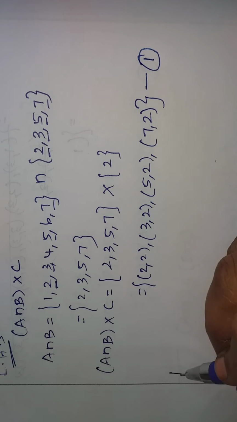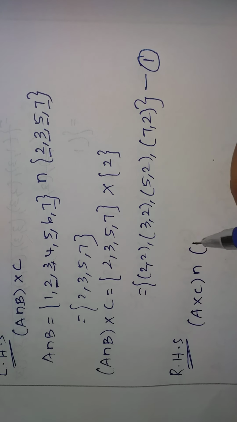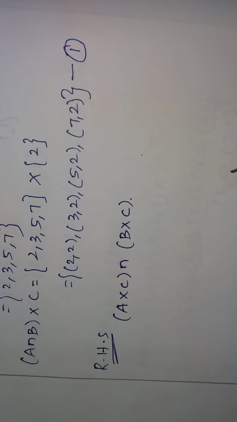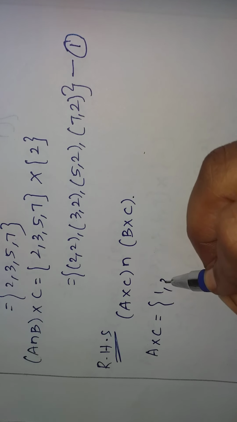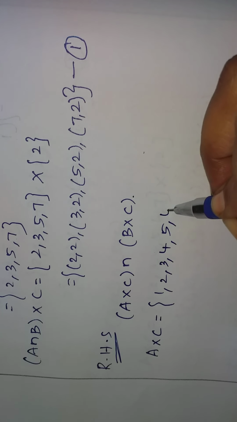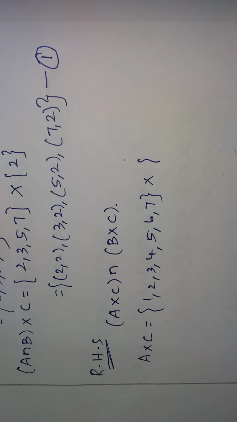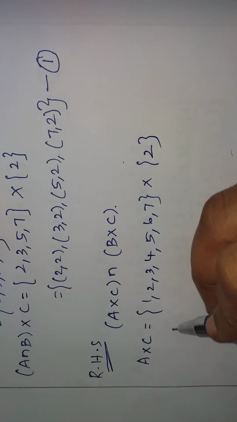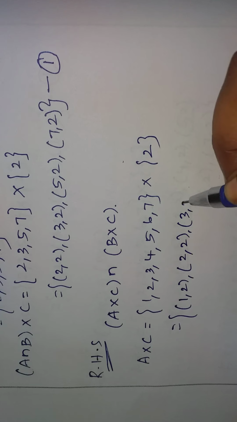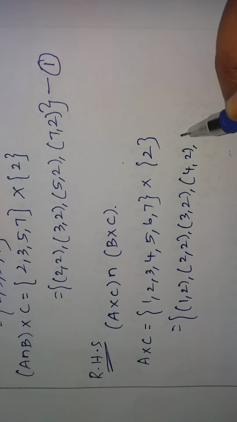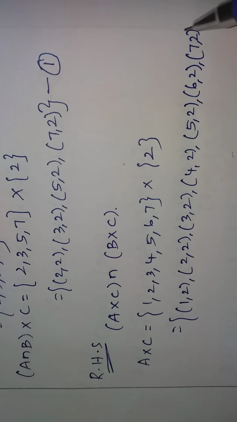Now coming to our RHS. RHS we have A cross C intersection B cross C. Now we are going to find A cross C. A set 1, 2, 3, 4, 5, 6, 7 cross C set we have 2. Now write in ordered pair: (1,2), (2,2), (3,2), (4,2), (5,2), (6,2), (7,2).